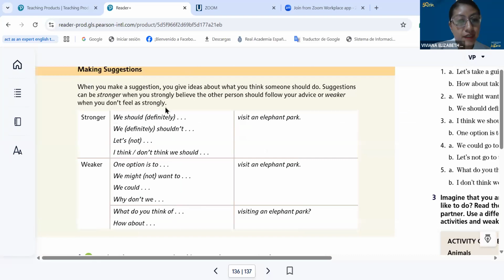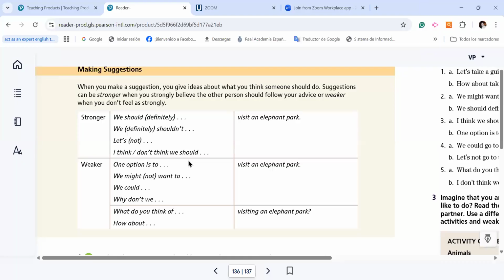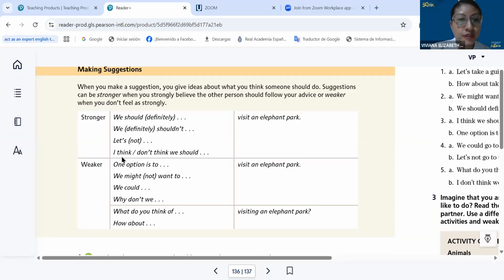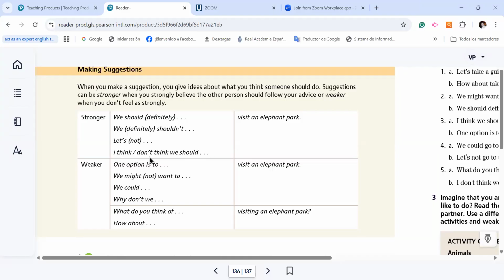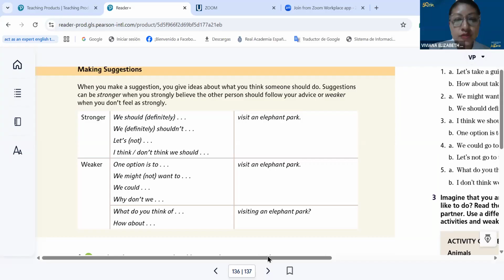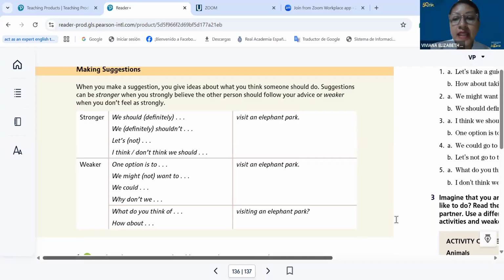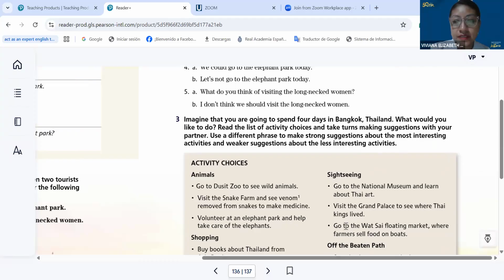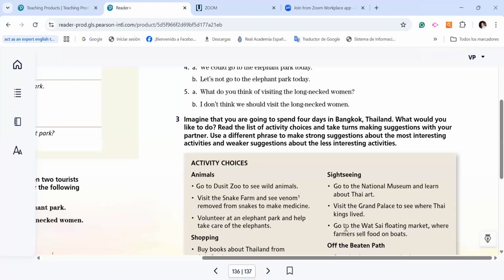Choose one of them. Should. Okay, should. So use should and definitely plus any of these activities. We should go to the National Museum and learn about the art. Okay, good. Another one.